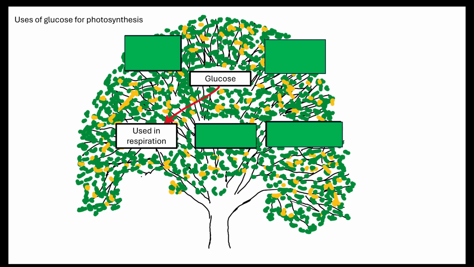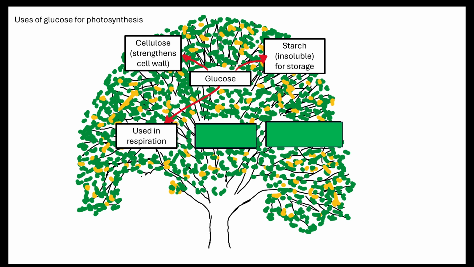Photosynthesis is very specific to plants and algae. So the glucose could be used in respiration, or the glucose might be used to make the cell wall, to strengthen the cell wall through the production of cellulose. It may be that it's stored in the polysaccharide, the large molecule of starch, which is an insoluble molecule and is a way in which the plant can store glucose for a later date.